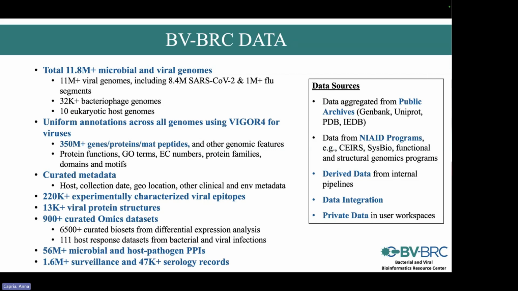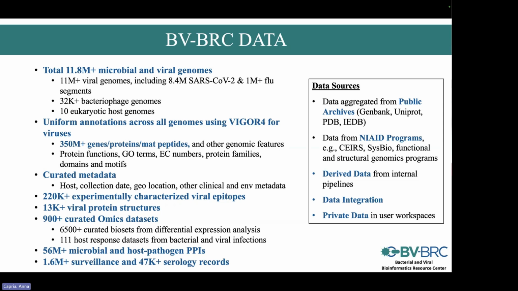Then, as viral sequences come into the BV-BRC, they're annotated across all genomes using BV-BRC, and that means we're left with 350 million genes, proteins, and mature peptides, and other genomic features labeled and ready for you to search. We curate the metadata, as I've mentioned, including host, collection date, geographic location, and other clinical and environmental metadata.